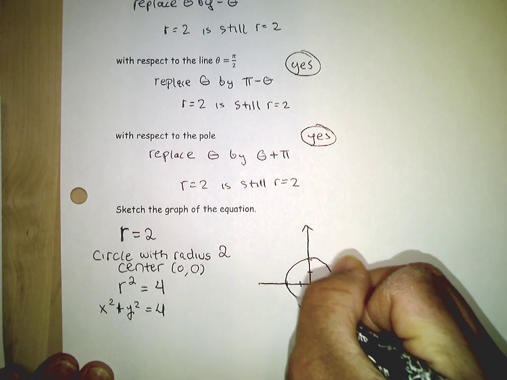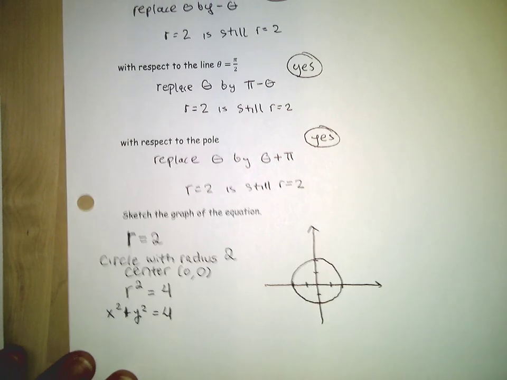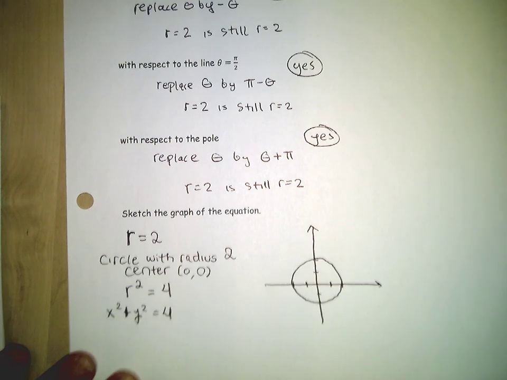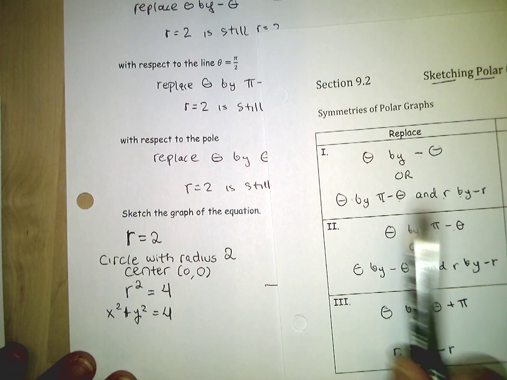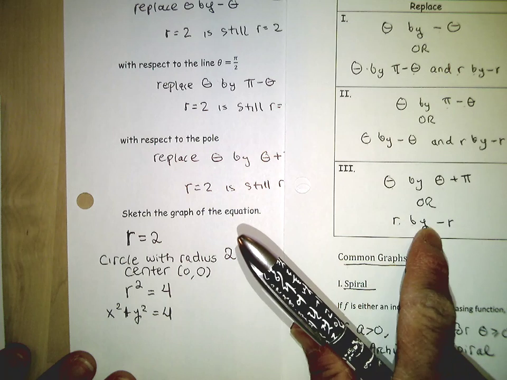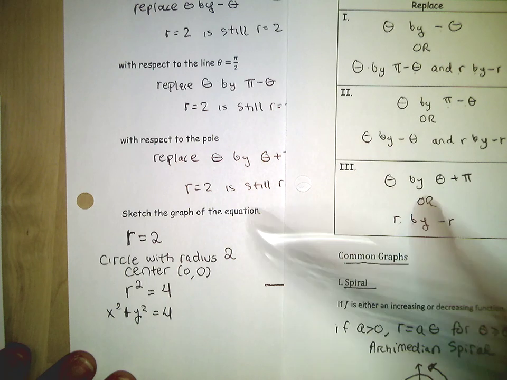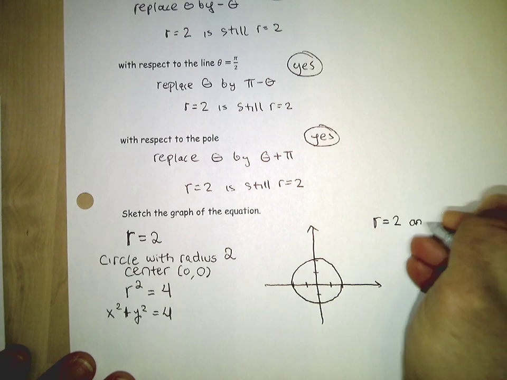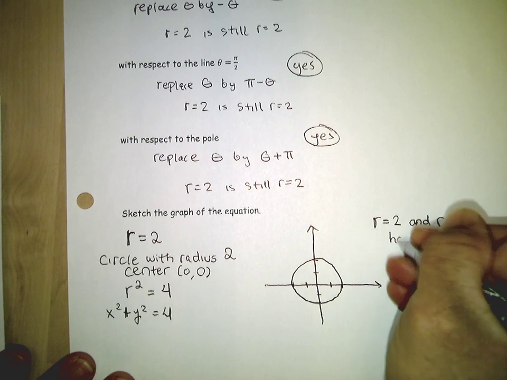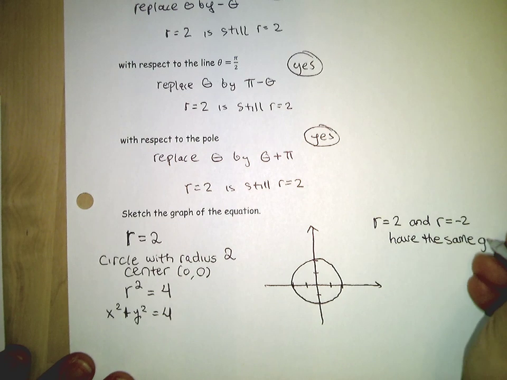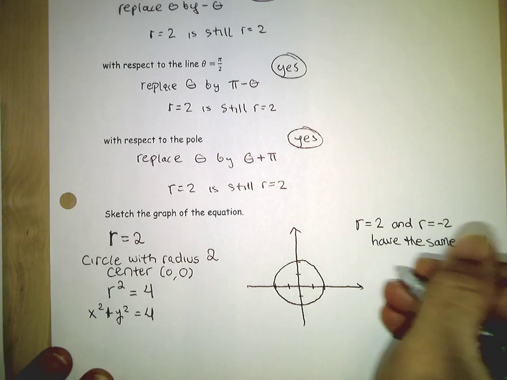Here we go. All right, now, if you're wondering about the different ways to show the symmetries, and if you happen to replace, say, r by the opposite of r instead of theta by theta plus pi, just remember that r equals 2 and r equals -2 have the same graph. So these two actually are equivalent.